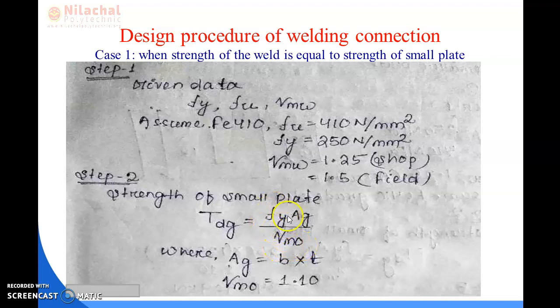Fy, you know, is the yield strength of the steel, and Ag is the gross area of the smaller plate, that is B into T, that means width into thickness, and gamma M0, you know, is the partial safety factor for plate sections, which is a constant 1.10.